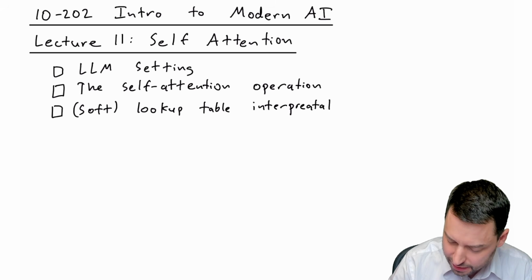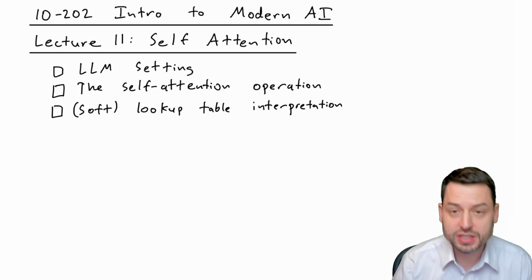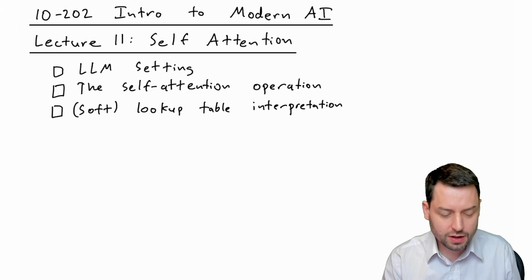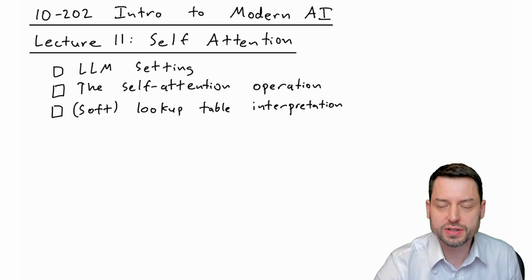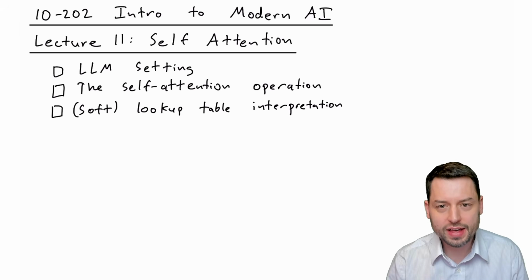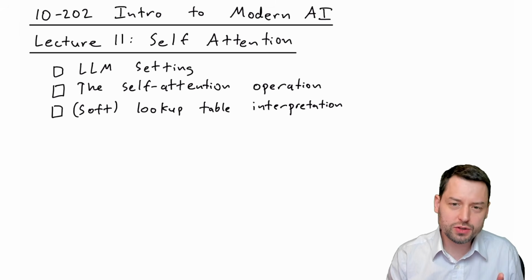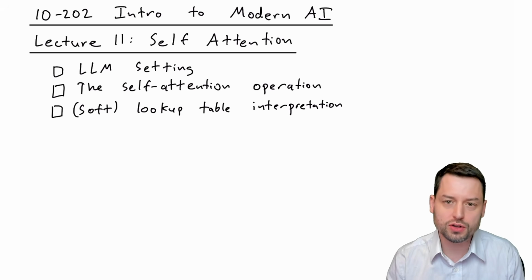As I was saying, this is often how self-attention is described intuitively. I'm going to talk about this, but I'm also going to talk about the limitations of this interpretation, because while it's good to be aware of how to interpret self-attention as this soft lookup table, it also has some significant limitations, and I want to emphasize how this approach can be limited.